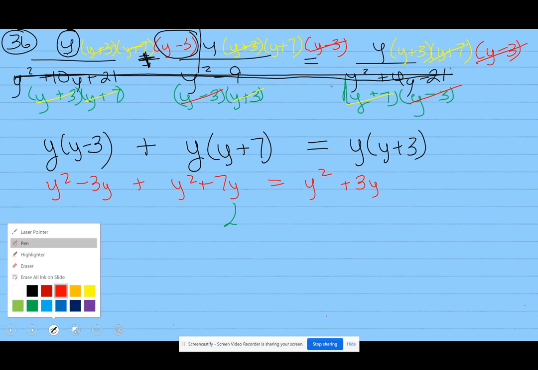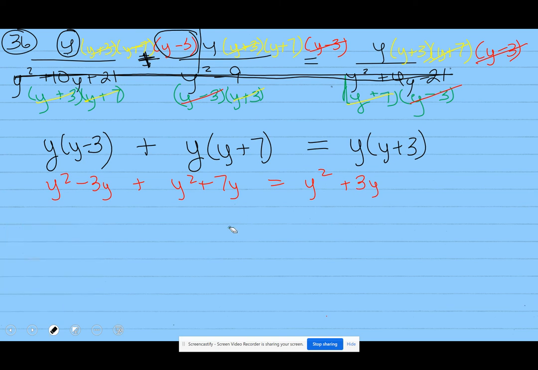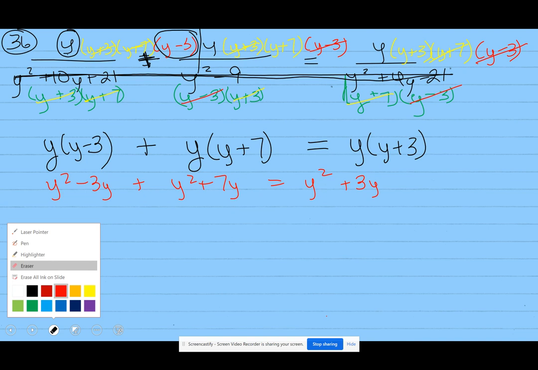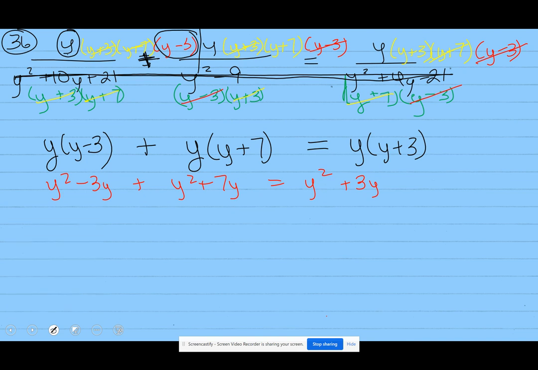Okay, I'm going to get my like terms together. I have a variable squared, so I need to make it say equals 0. So I'm going to subtract a y squared on both sides and subtract 3y on both sides. Okay, so now that's going to make it say equals 0.